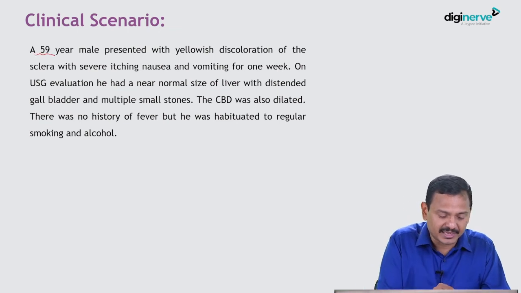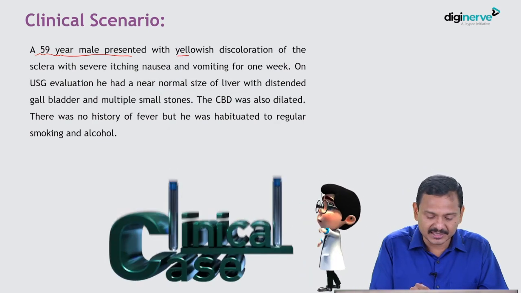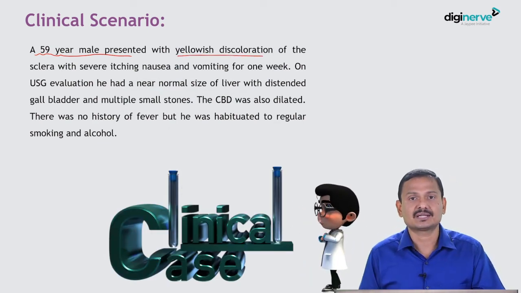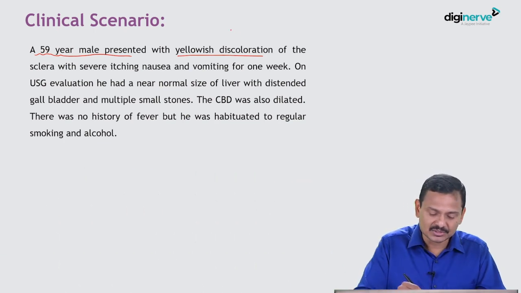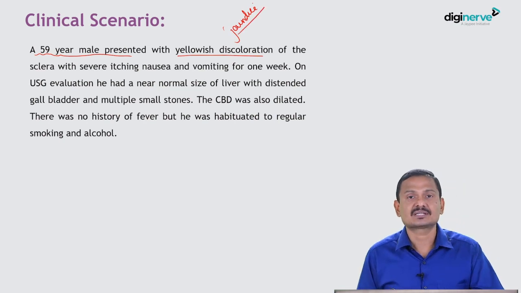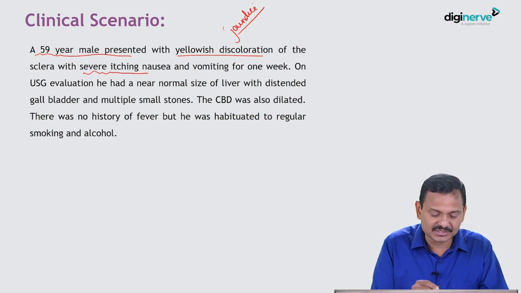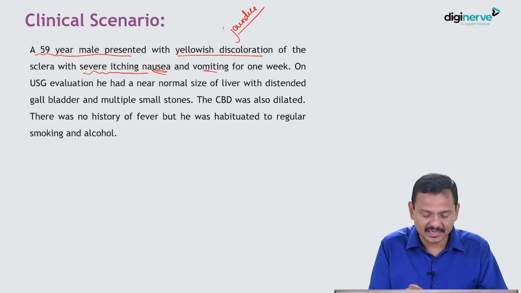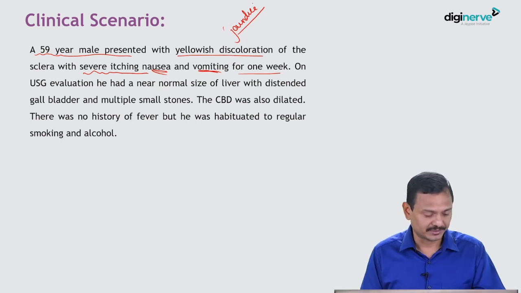Now here comes an elderly, 59-year-old male who presented again with yellowish discoloration. So by now it should have been very clear to you that yellowish discoloration or jaundice is not a disease, it is just a clinical manifestation. Now he has severe itching in addition to nausea and vomiting, and again the symptoms are for 1 week.